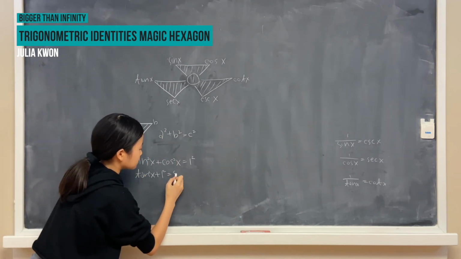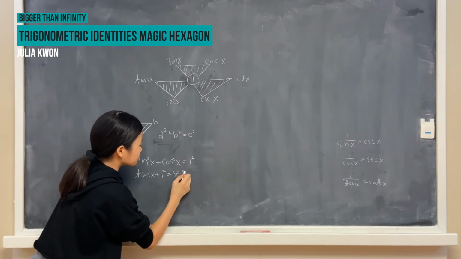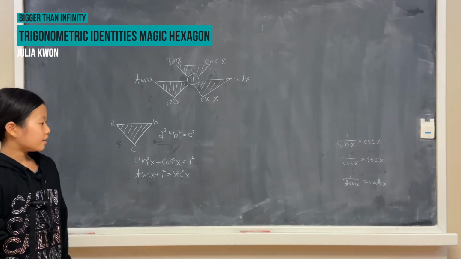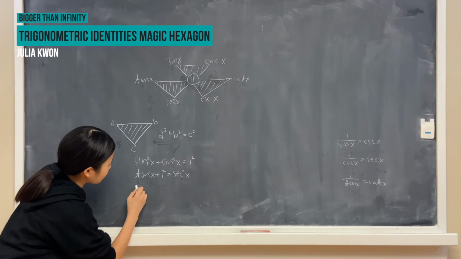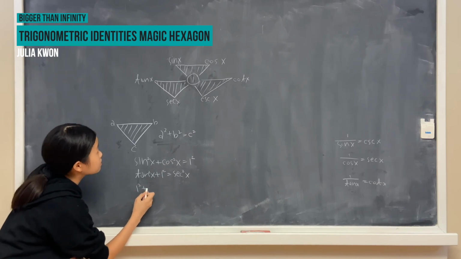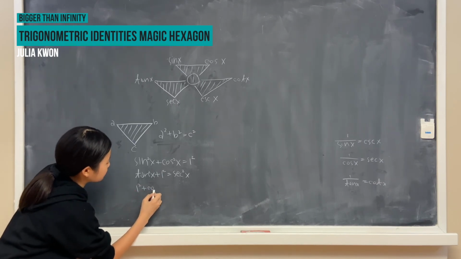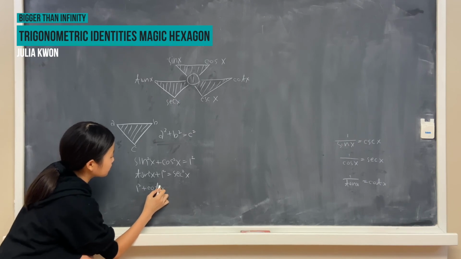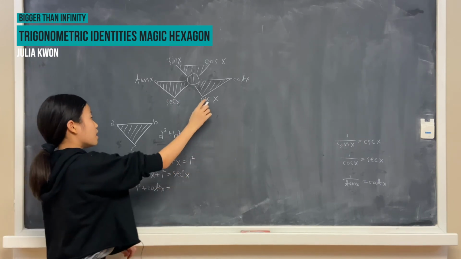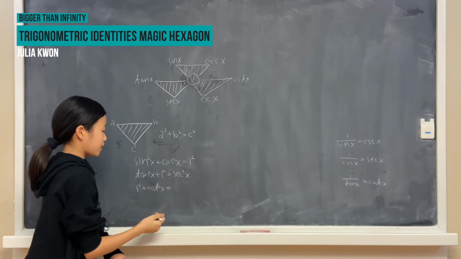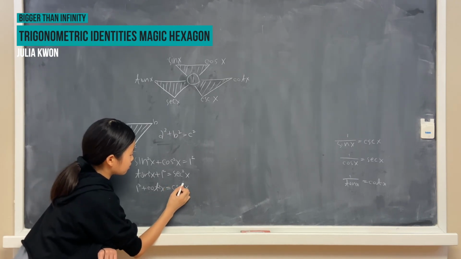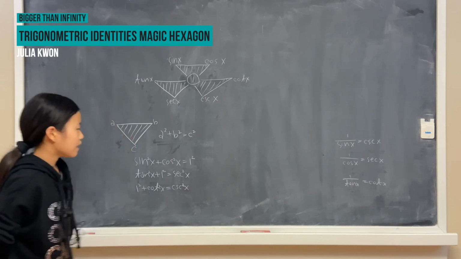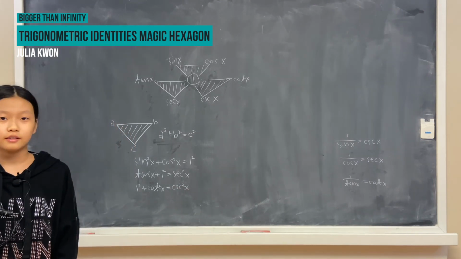And for the last triangle here, we would have 1 squared plus cotangent x squared equals cosecant x squared. And now we already found the three trig identities.